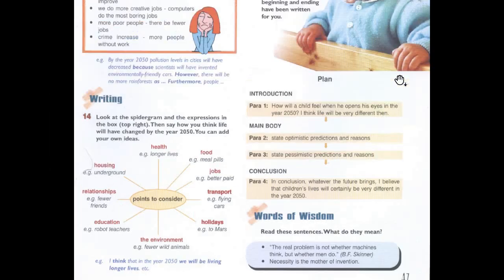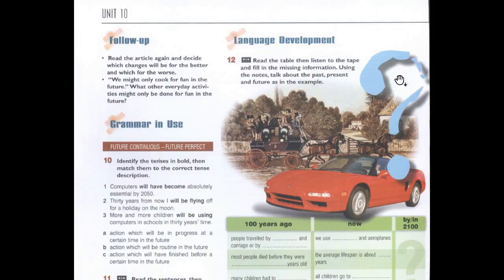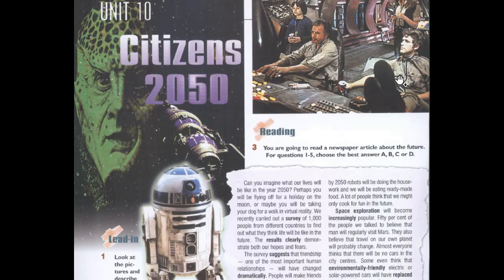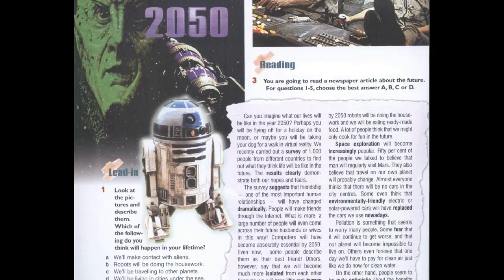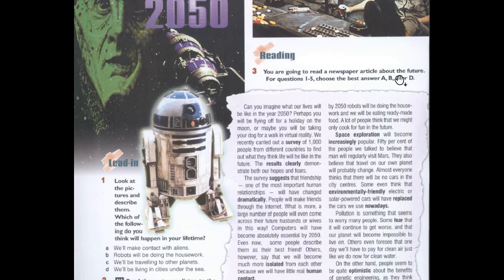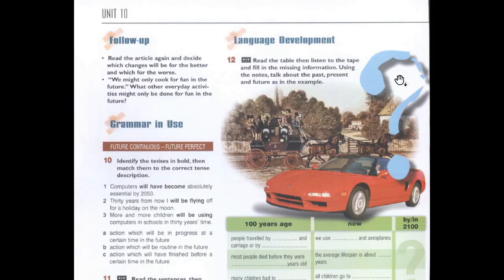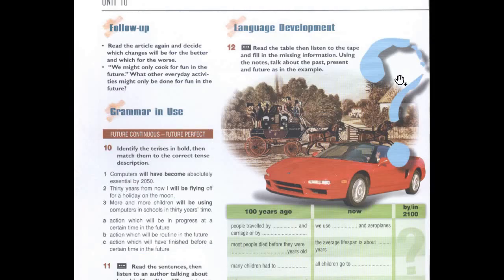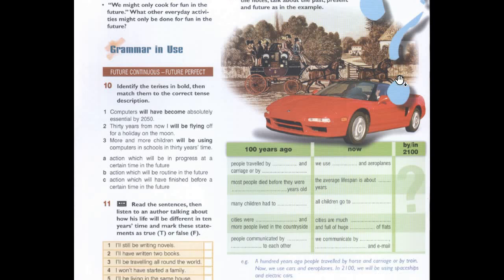Okay, so we have accomplished the unit 10, and just to remind you, we started the title of this unit, Citizen 2050, and then we learned expressions, we learned vocabulary with the parts, and then we moved to important grammatical range here.